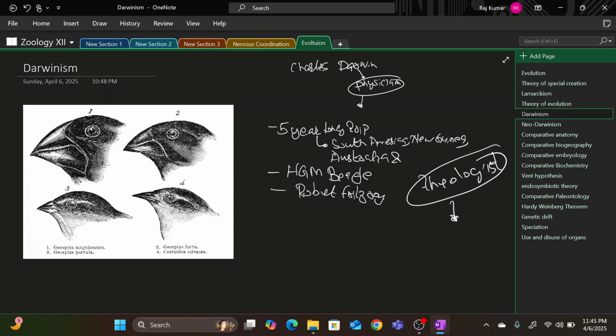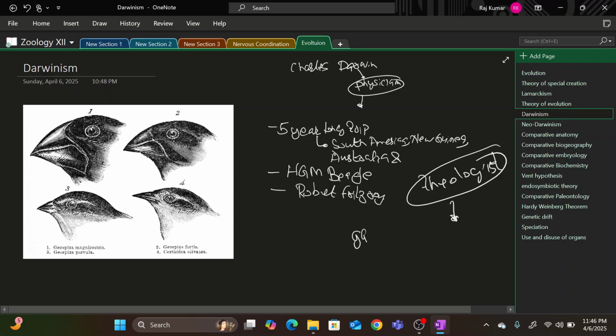Due to this, wherever he went during his voyage, he used to differentiate the species, notice all the characteristics and identify them as an evolutionist. He went to all places, but when he came to Galapagos Island, I'm not sure about the correct spelling, it's Galapagos Island.